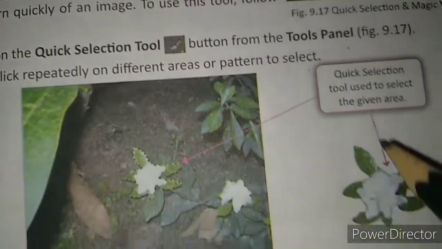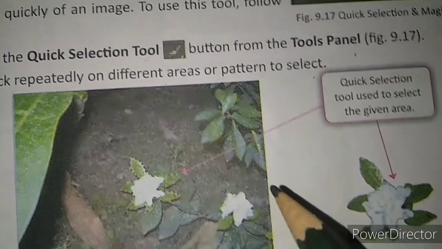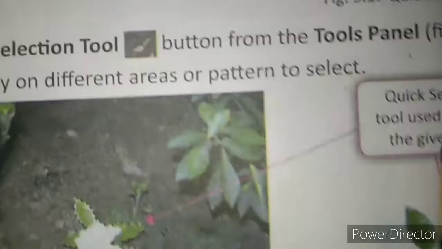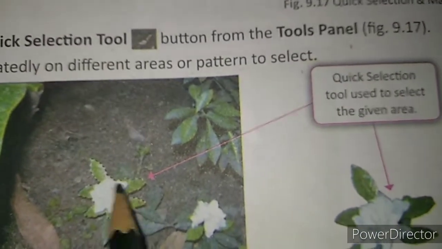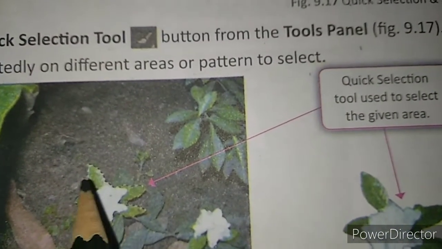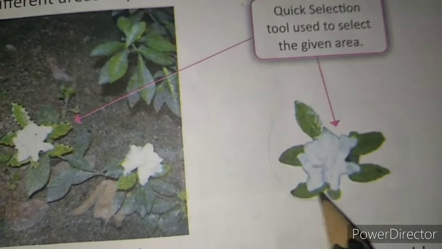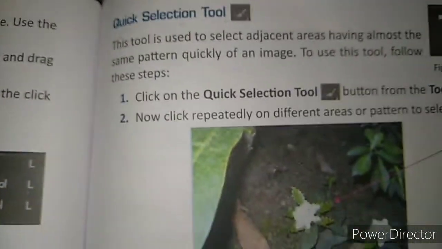If you have different areas or patterns to select, click on them and they will be selected. Look at this. When these have been pointed, this area has been selected quickly. So this is how you can use the quick selection tool.